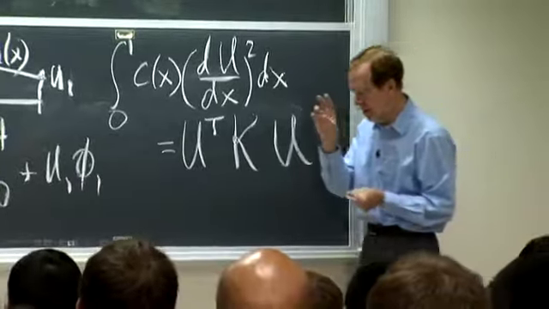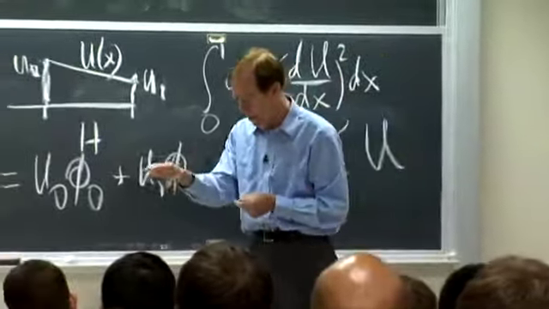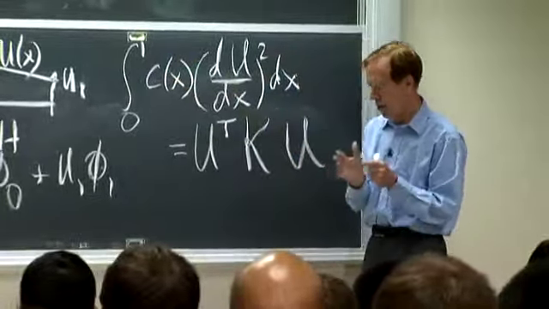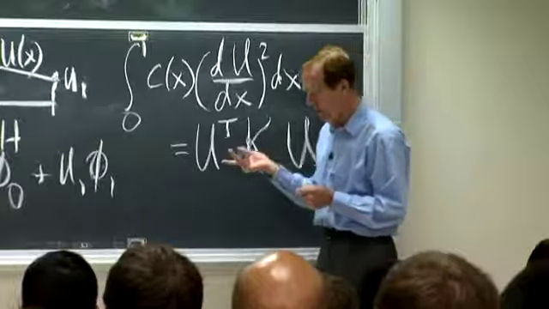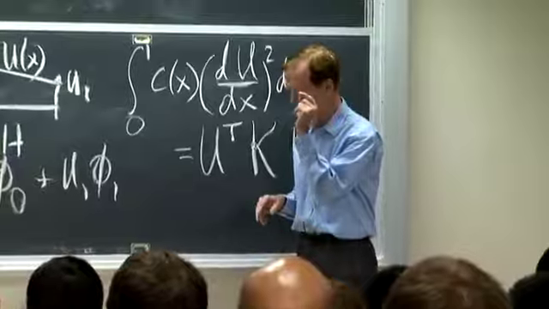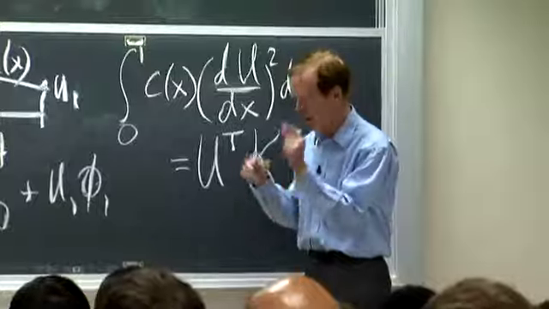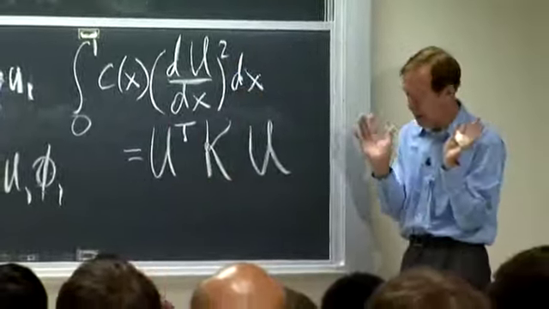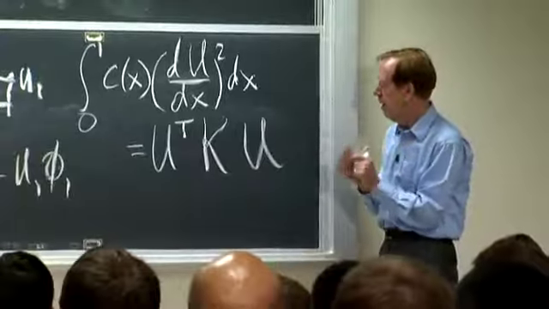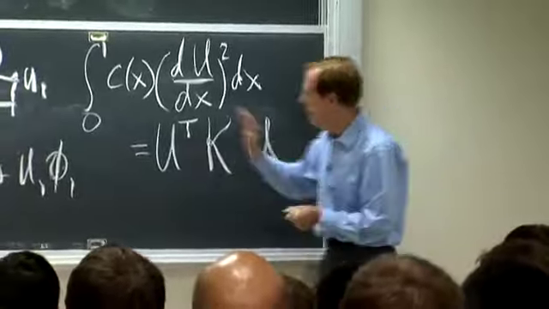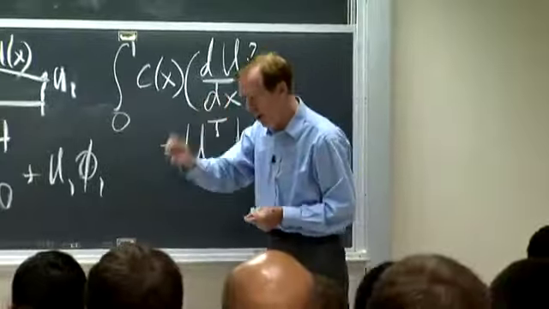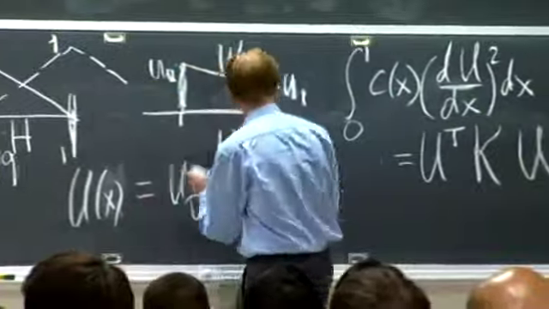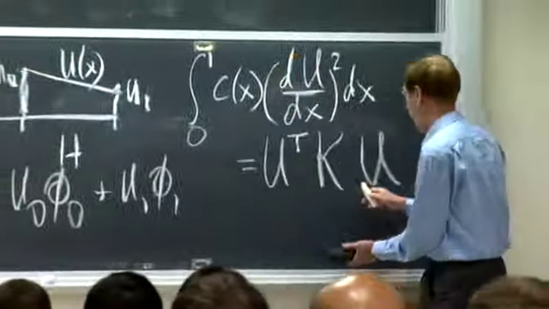The question is, how am I going to do the integrals? Do I do them the way I did before, where I watched phi0, one phi times another phi, and integrated? That was successful. But the new way is to integrate an interval at a time. Do the integrals. So this would be k global.